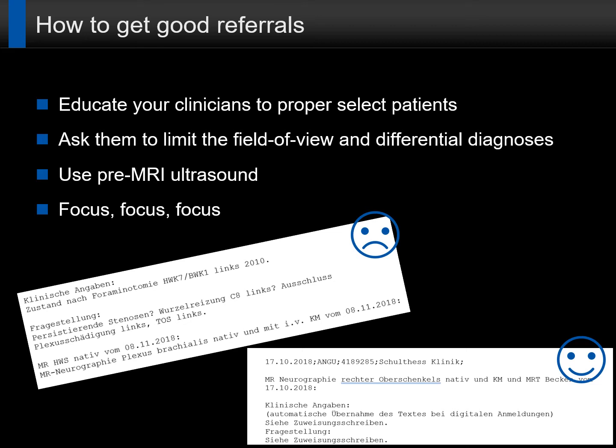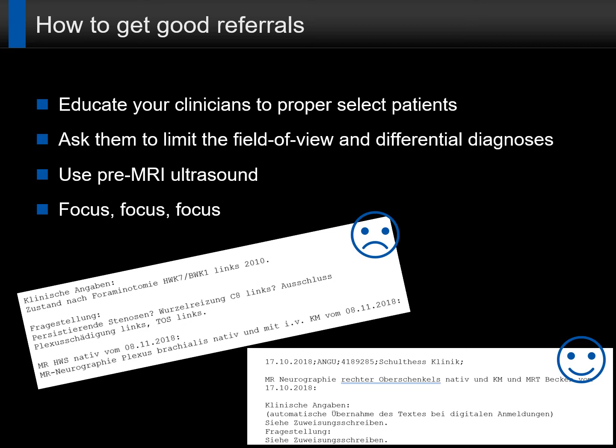You have to ask your referring physicians that they limit the field of view for you. Basically, they need to make sure that they already have examined the patient before and that they know what they're looking for, so that you can focus on a specific anatomic region and not have to look for the whole leg, for example.